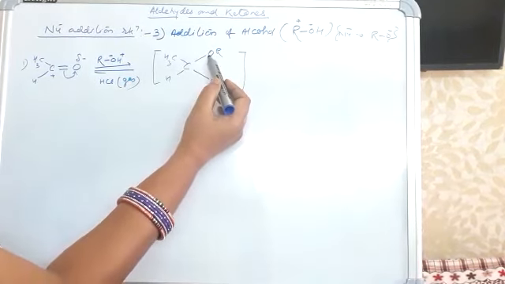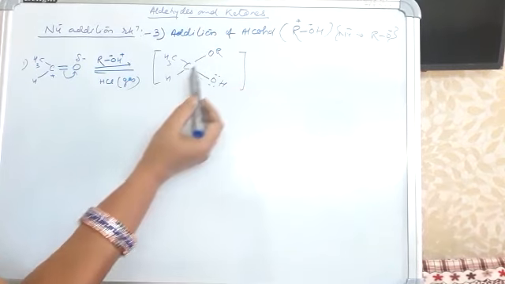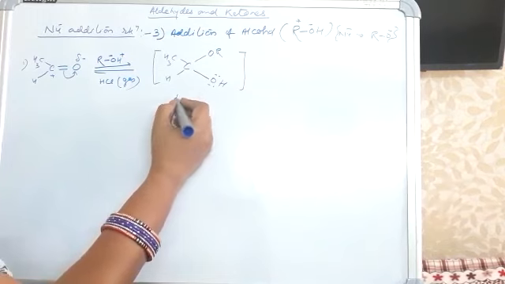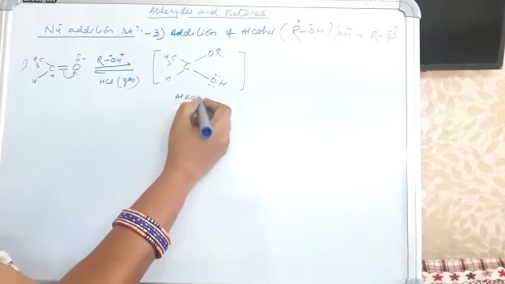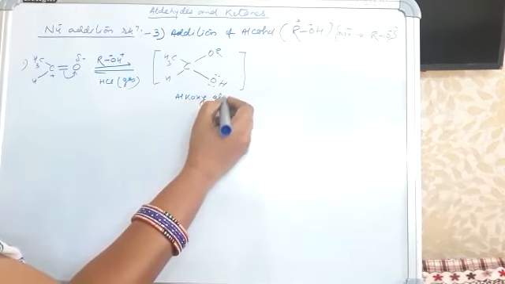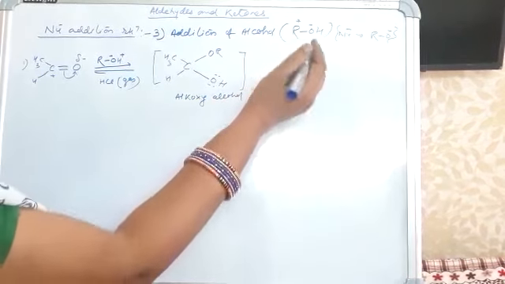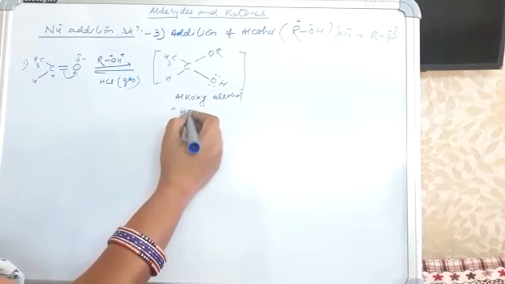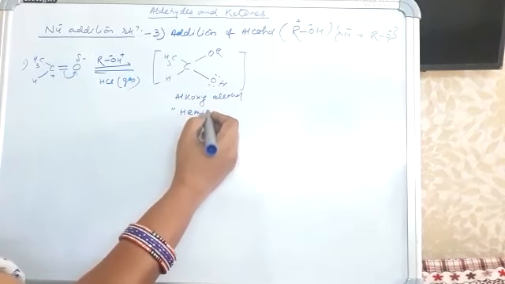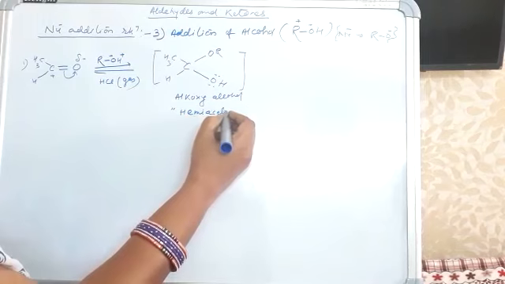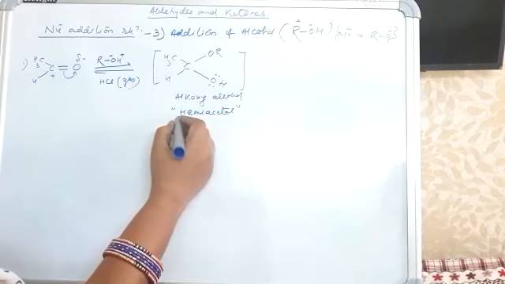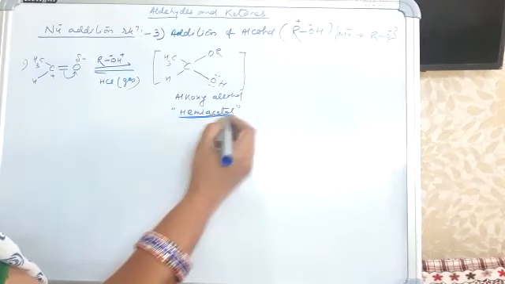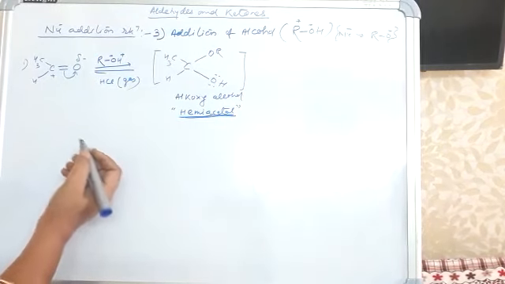Carbon attached with one ether group and one hydroxyl group. So it is known as alkoxy alcohol, and it is also known by the very famous name hemiacetal. In biomolecules, they use hemiacetal compound for reaction.